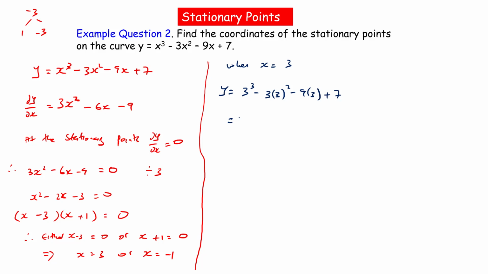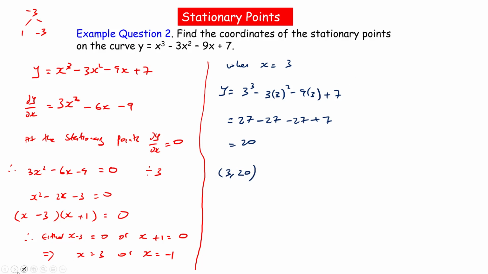So we've got 27, interesting, minus 27, which is quite nice, minus 27 plus 7, which leaves me with 20. So our coordinates then are going to be 3, 20.